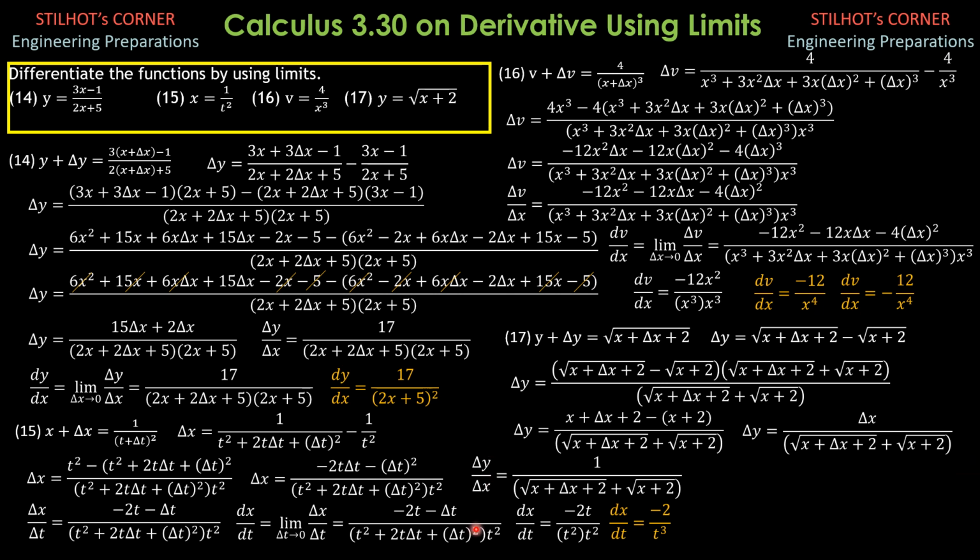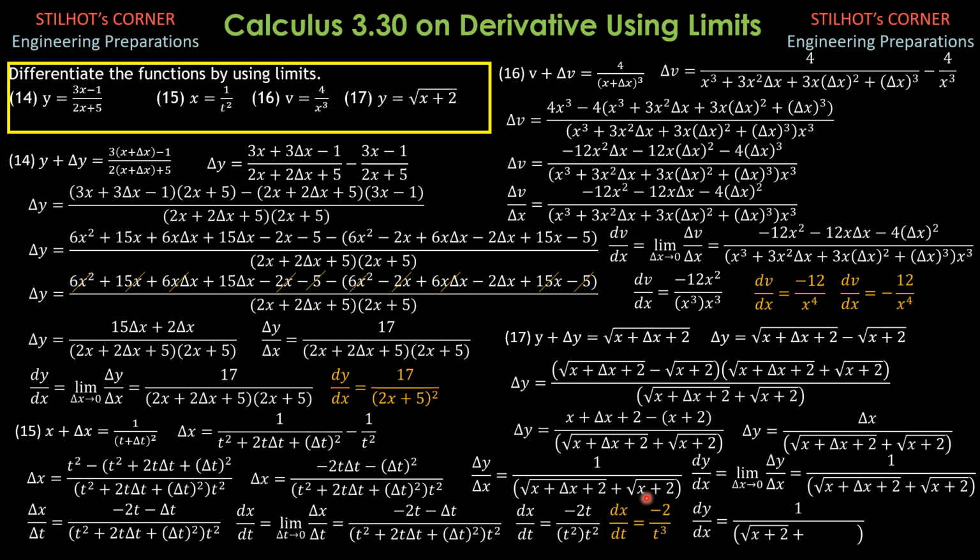So the limit of this ratio is the derivative of y with respect to x, and since delta x is approaching 0, then dy/dx is equal to 1 over square root of x plus 2 plus square root of x plus 2, or 1 over 2 times square root of x plus 2. So the final answer is 1 over 2 times square root of x plus 2.